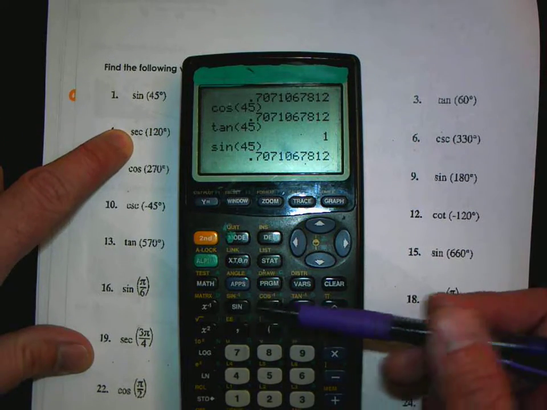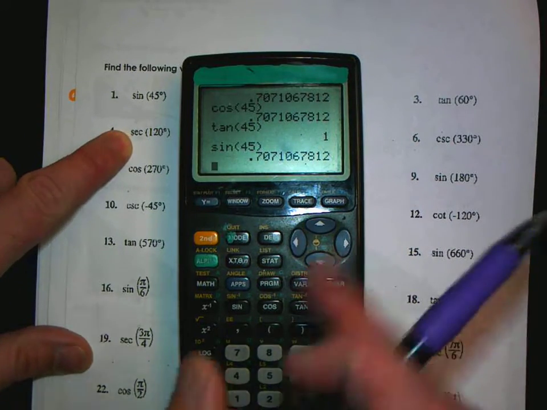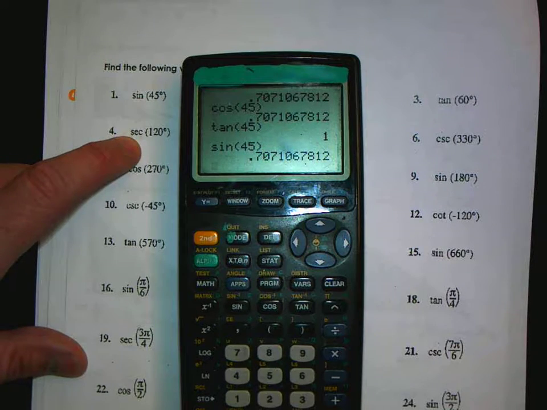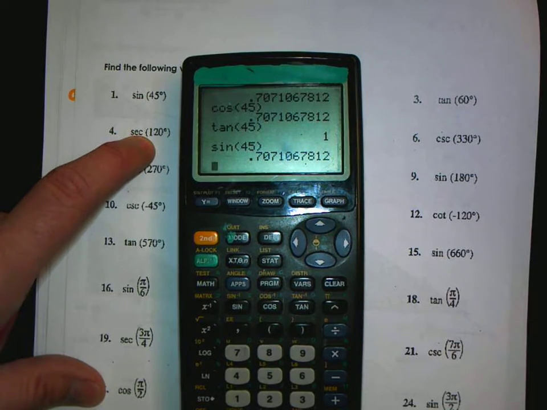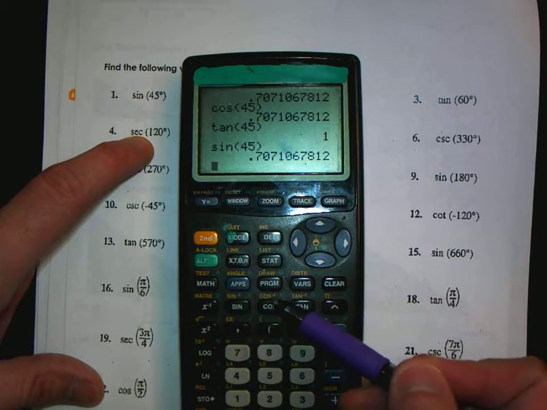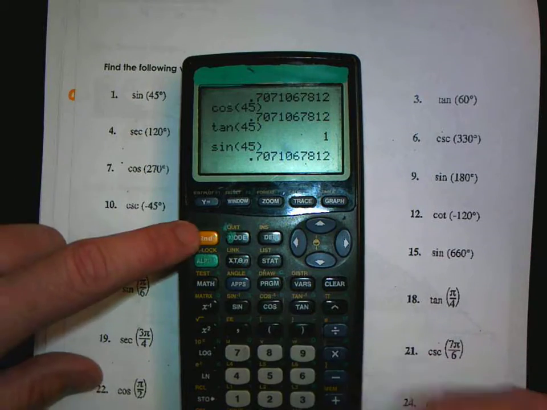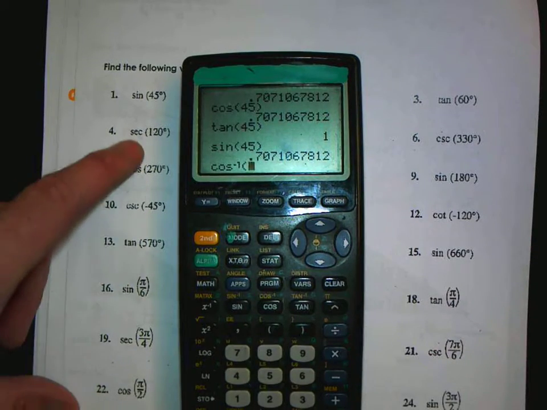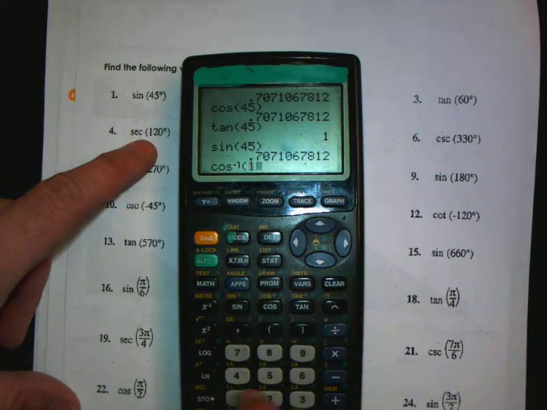If you notice, there's not a secant button. But secant, remember, if I ignore the s, that's the inverse of cosine, remember? And the inverse button's right here in yellow. So you go secant of 120.